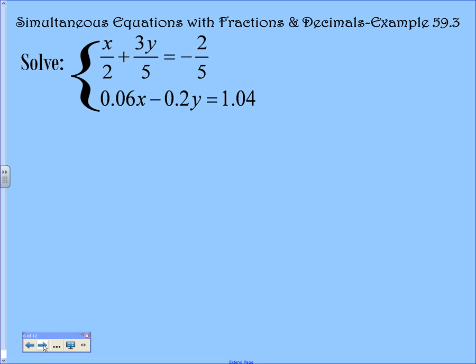Now we're moving on to equations with fractions and decimals. One of them has a fraction, one of them has decimals. We're going to change them because we don't like dealing with fractions and decimals. We're going to change them to whole numbers.